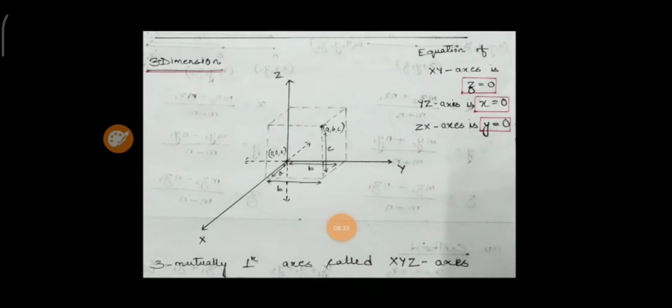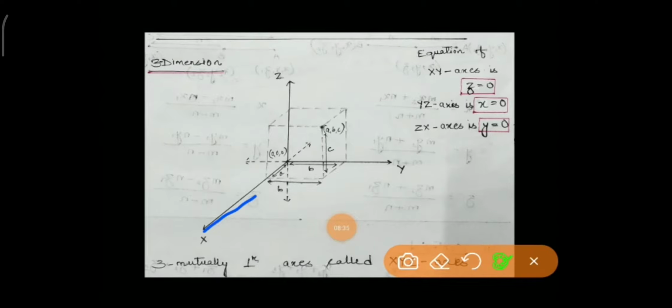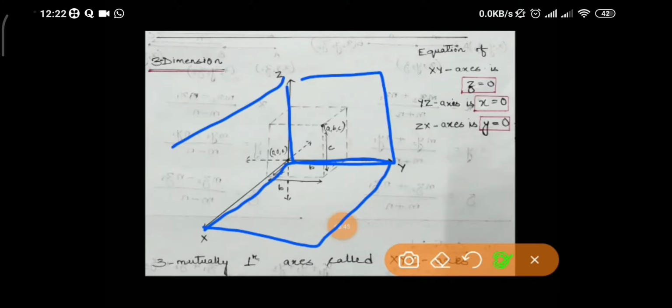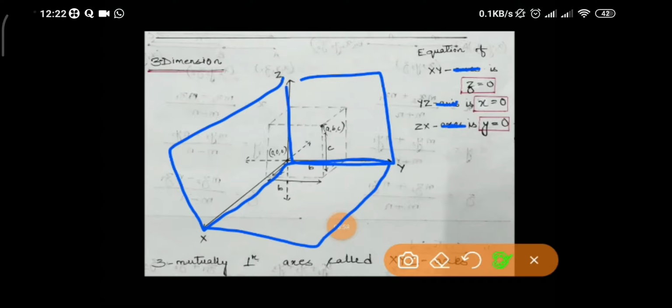Now let's talk about the equation of the xy plane, yz plane, and zx plane. Sorry, I have written axis here. This should be plane. Now, equation of the xy plane.